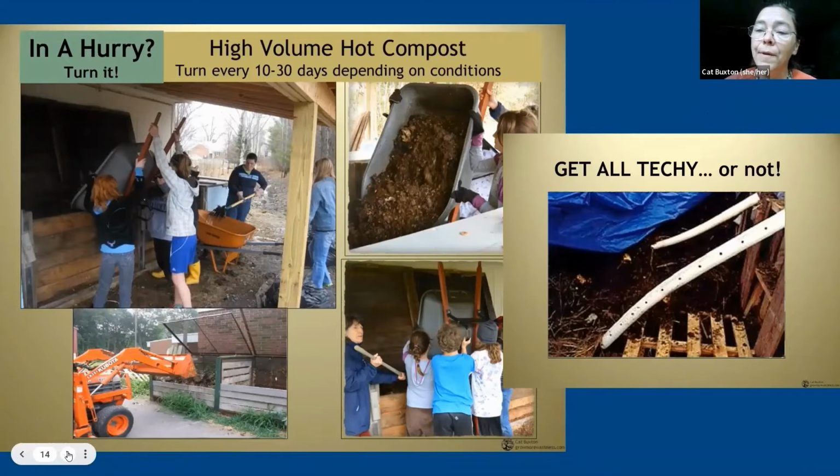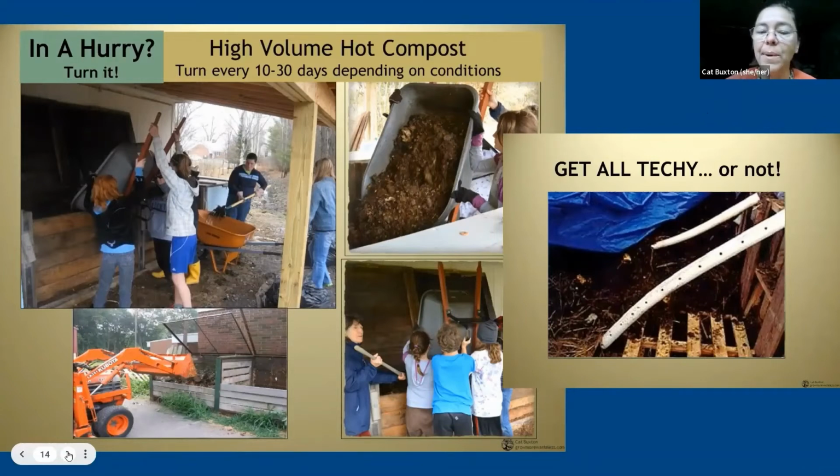And then we follow the temperature to tell us when the microbes have used up all the air, and then it's time for us to add air back into the pile. At school composting systems, we have kids do the work and it's great. They use shovels and wheelbarrows, and that brings air back into the pile, and then the temperature heats right back up again.